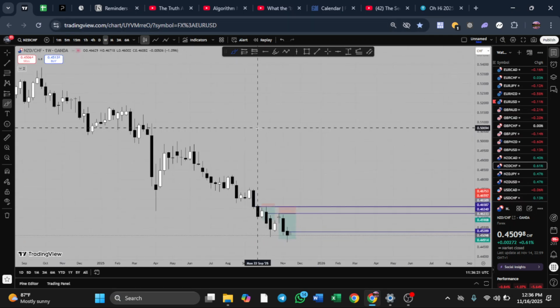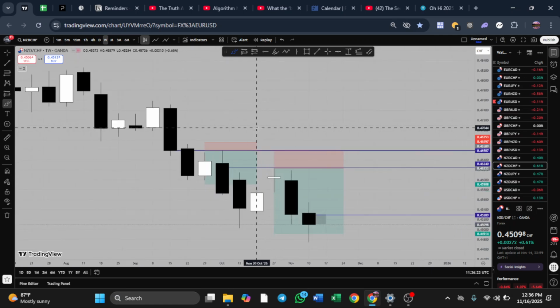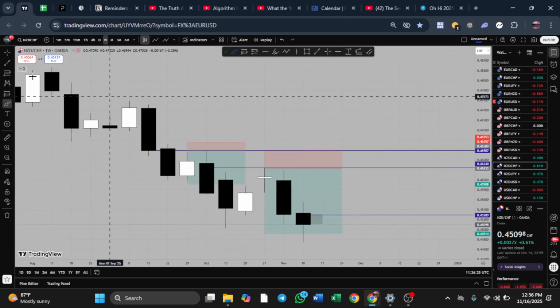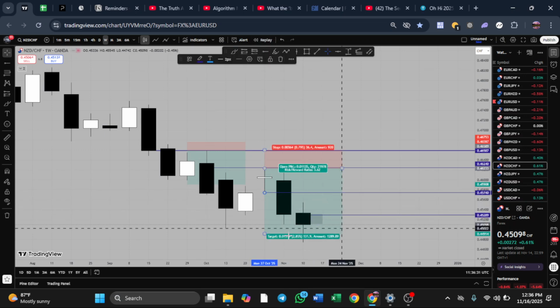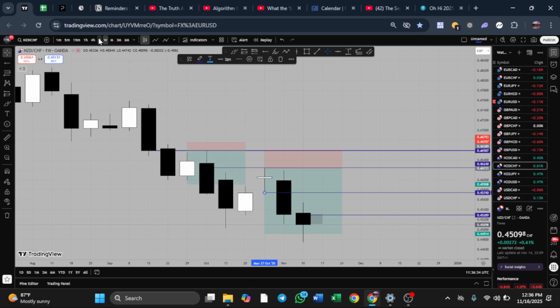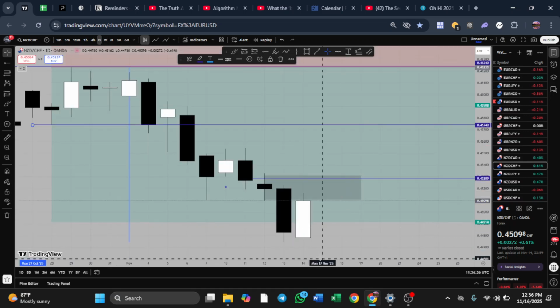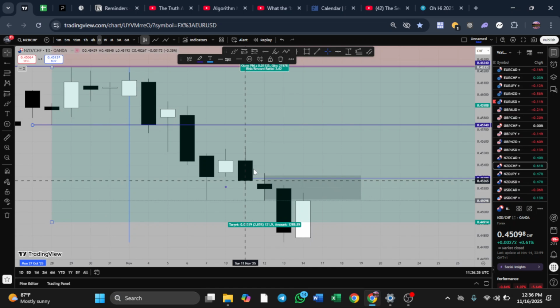Why? Because previous candle, this is the imbalance area. This is this imbalance area, and this previous candle is a kind of doji. Looking at D1, this is a D1 supply here. A supply in a supply, so I'll just wait for confirmations, then I'll short.